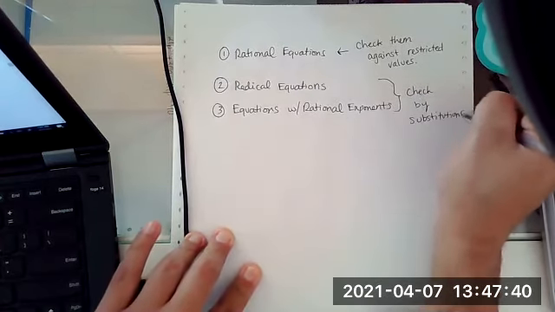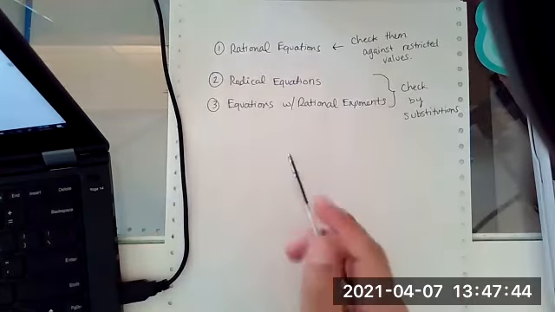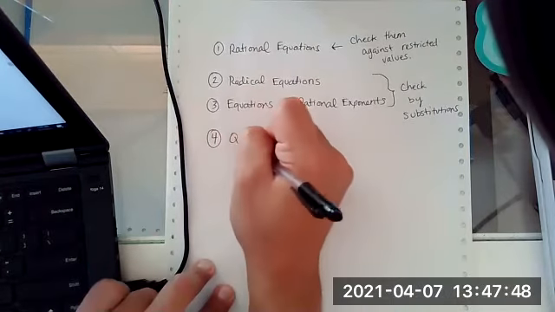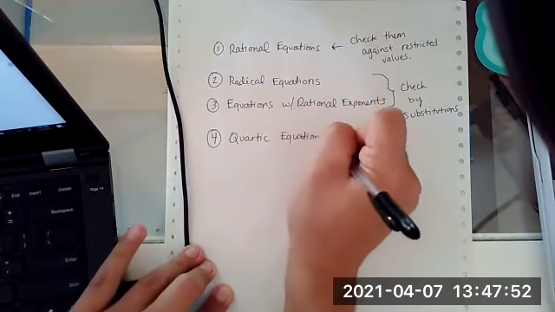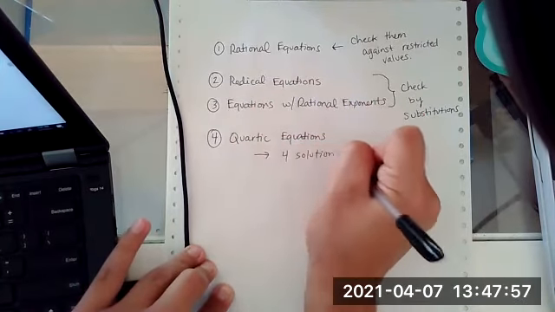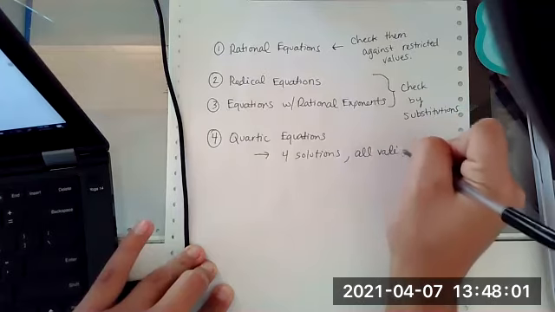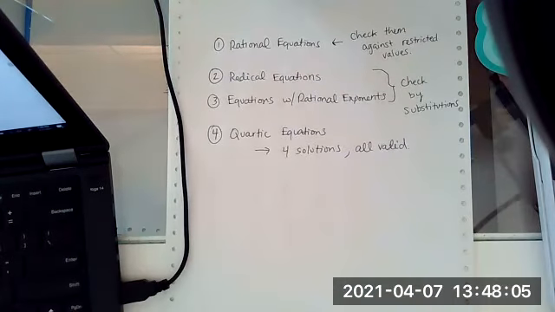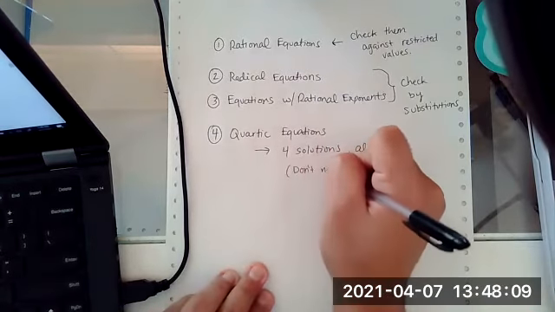So you're going to plug your solutions back into the original problem. Then for quartic equations, you will get 4 solutions and they're all valid. So in other words, you don't have to check these.